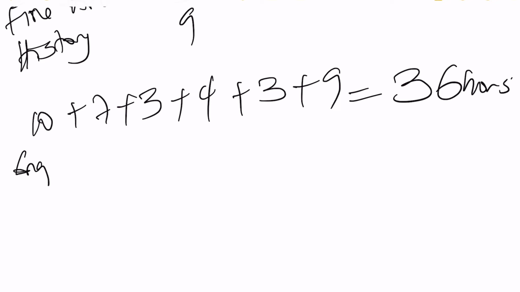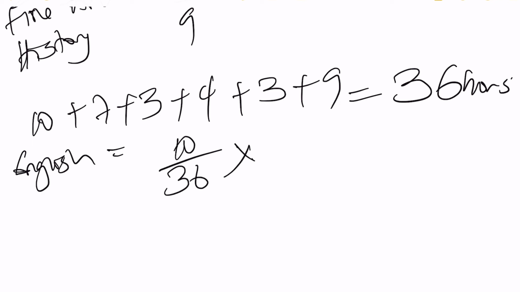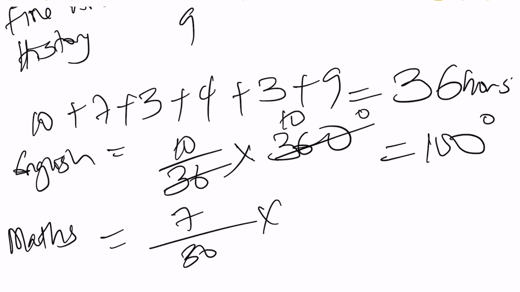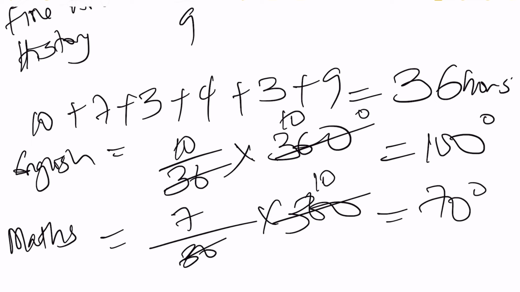Now for English, we will have 10 over 36 times 360 degrees. So we have 10 times 10, that is 100 degrees. For maths, we have 7 over 36 times 360, which is 70 degrees.